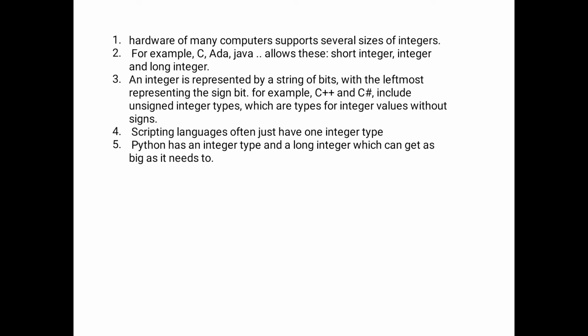An integer is represented by a string of bits with the leftmost representing the sign bit. For example, C++ and C# include unsigned integer types, which are types for integer values without signs.